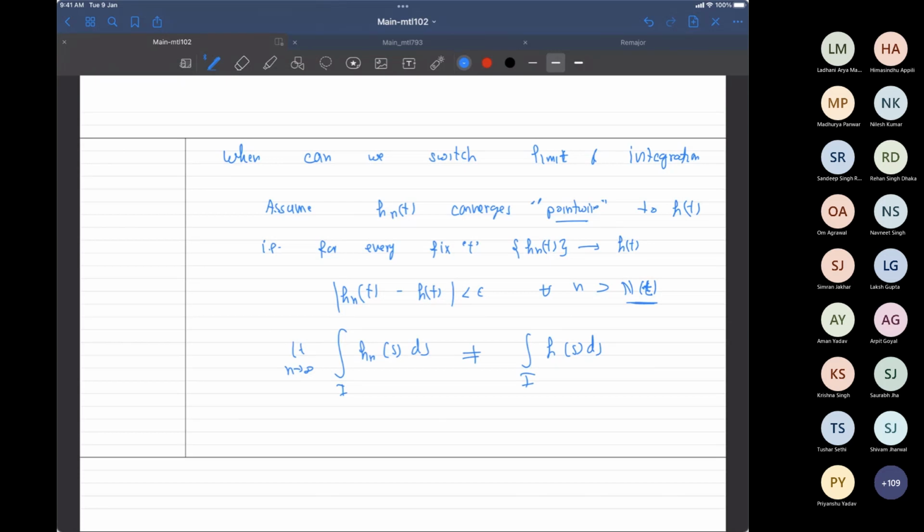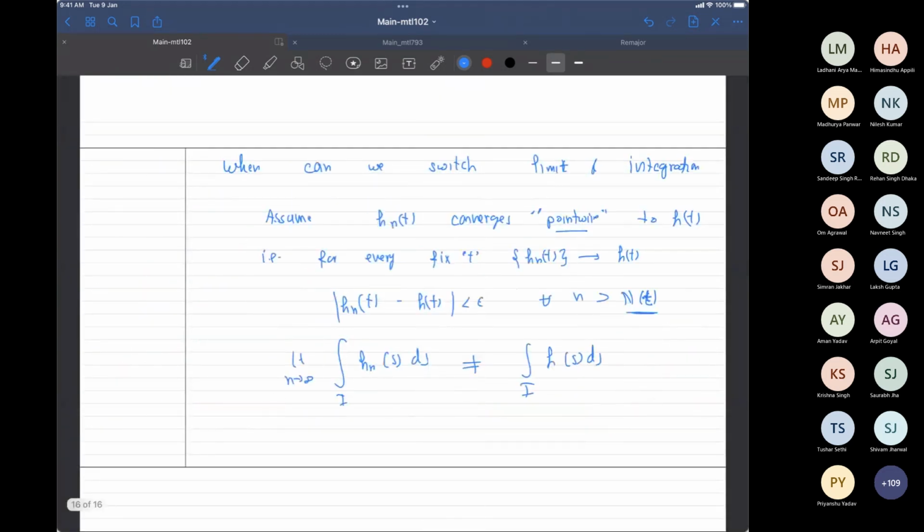So we observe that h_n(t) converges to h(t) at every point, but still, of course, the integral of h(s) ds is equal to the integral of the limit as n tends to infinity of h_n(s) ds, right? So in this case we will give a counterexample to show you that you cannot change the limit and the integral sign.